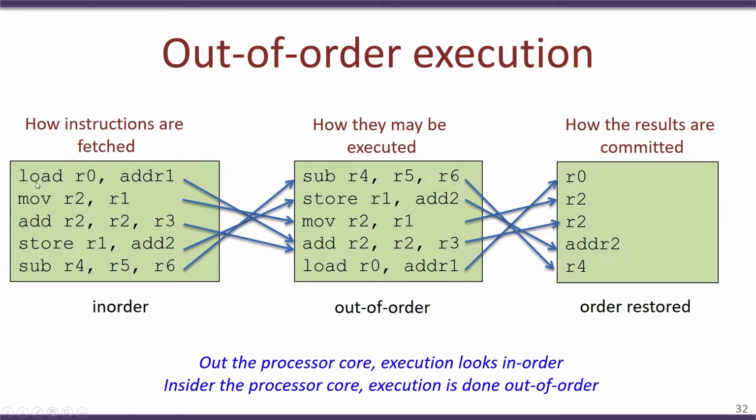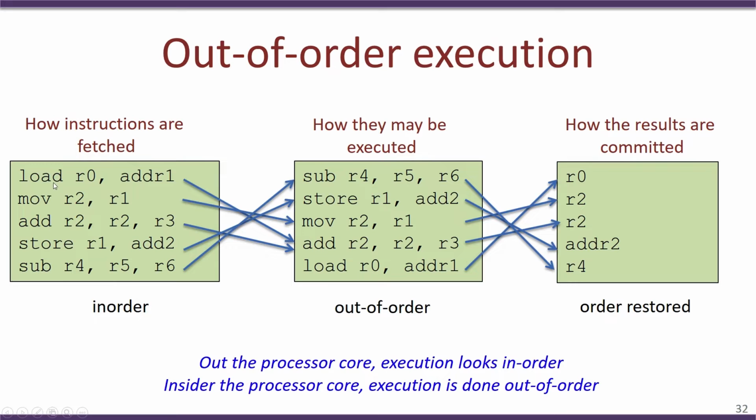For example, the load instruction would access a particular address, in this case address 1, from the main memory or from say a cache memory, and this would take considerably longer than other instructions like the move and add, which are just performed with registers stored within the processor.